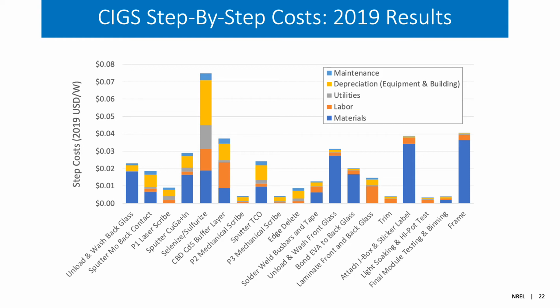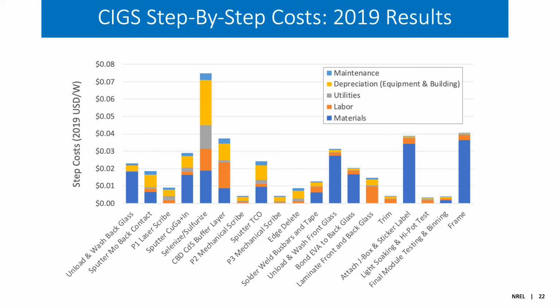This materials cost includes the cost for the glass itself, the front glass, bonding everything together, the junction box and sticker label, and the frame actually add up to being a significant portion of the overall costs and aren't really related to the cell layers themselves.